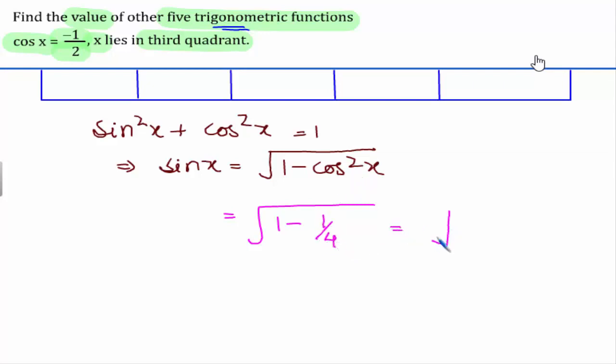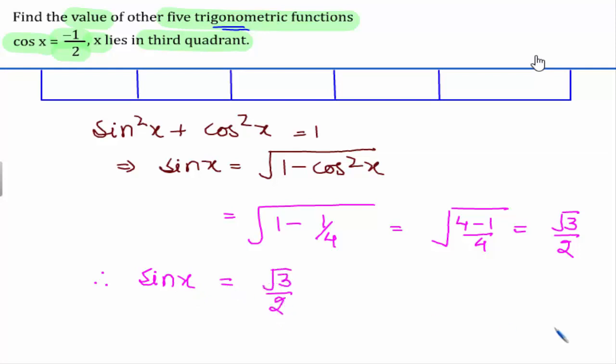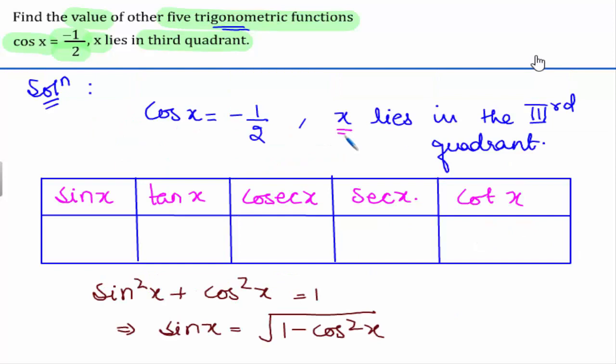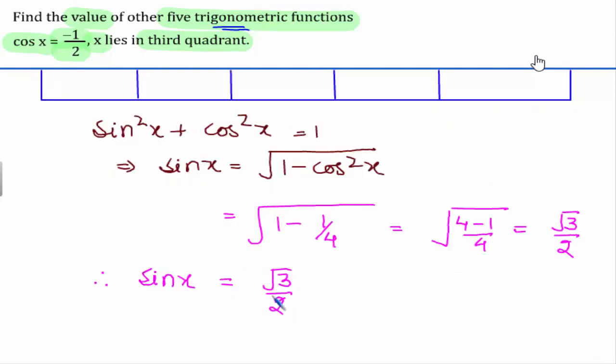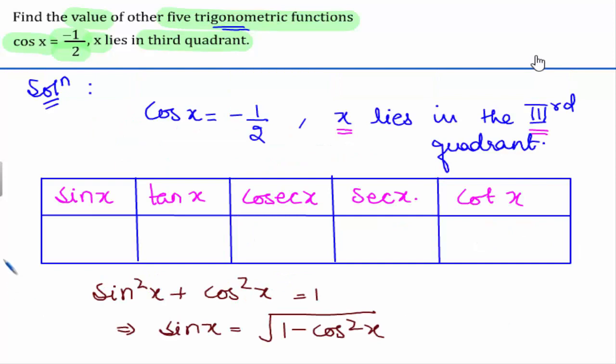So this is equal to square root of 4 minus 1 upon 4, which gives square root of 3 upon 2. Now we are given that x lies in the third quadrant and the sin function is negative in the third quadrant. Therefore, sin x is equal to minus root 3 upon 2.